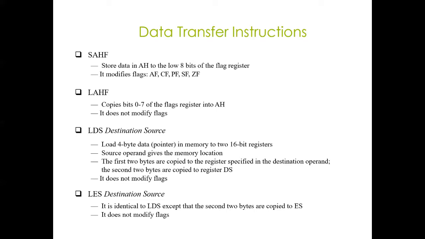Next is LES. This instruction loads a word or 2 bytes from the specified memory locations into the specified register. Furthermore, it also loads a word from the next 2 memory locations into the ES register. For example, LES DI, [BX].